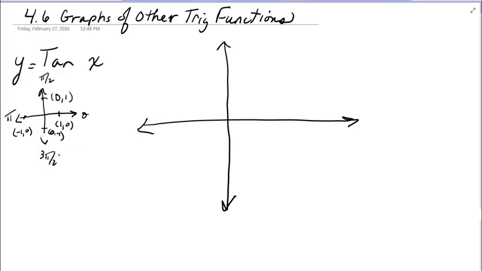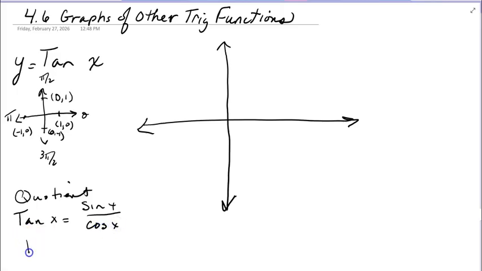So what is tan? Well, we know that sine is the y value. We know that cosine is the x value. We also know that we have these quotient identities. The quotient identities tell us that tan x equals sine x over cosine x.